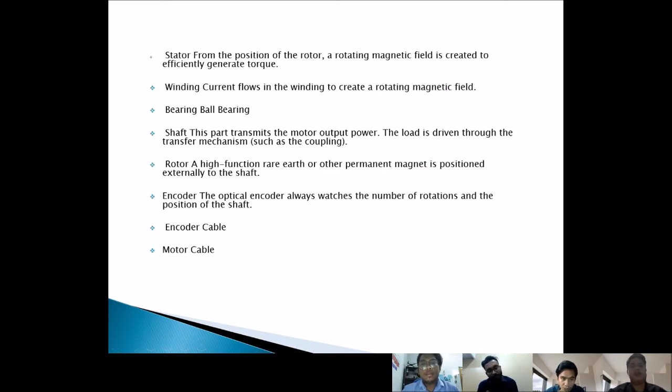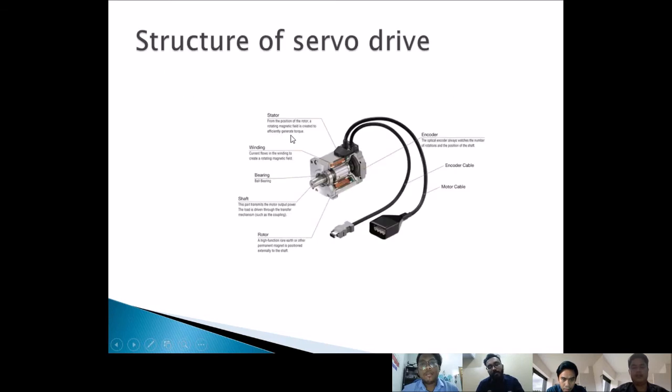Next, I will explain in a little more detail about that previous picture. From the position of the rotor, a rotating magnetic field is created to efficiently generate torque. The winding current flows in the winding to create a rotating magnetic field. Next, the ball bearing, as shown in the previous slide.